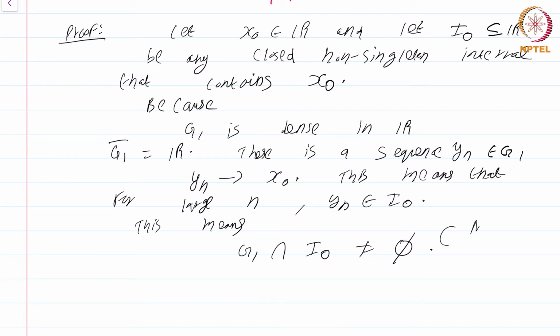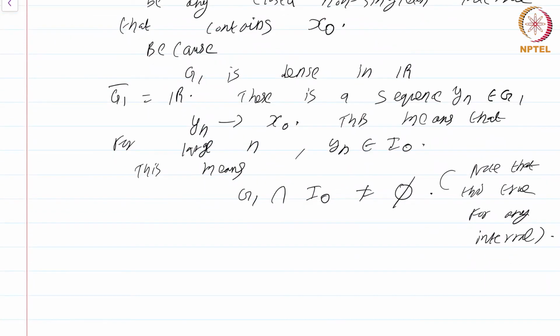In fact, note that this is true for any interval. Okay, this is just a side remark. What we have shown is that if you take a dense set, then the intersection of the dense set with any non-singleton interval will definitely be a non-empty set. Okay. Now, how is this useful?